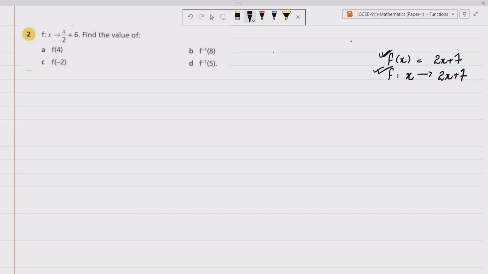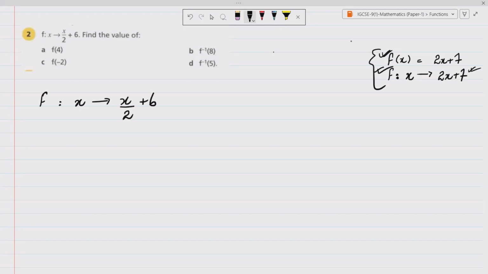We write f of x equals 2x plus 7, or write f with this sign, which we mathematically say "such that", so function such that x goes to 2x plus 7. So both are equivalent. Now here they are giving us the question in this format. We are given f such that f takes x and maps it to x upon 2 plus 6.